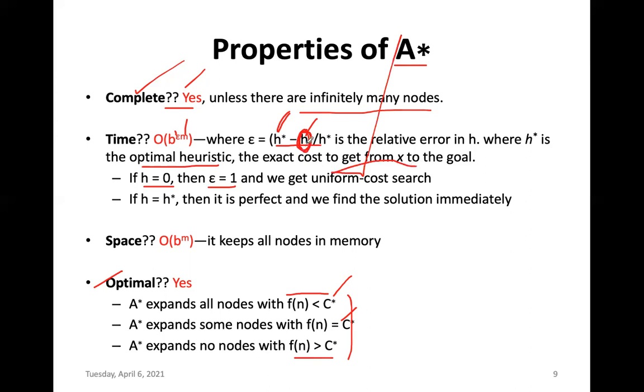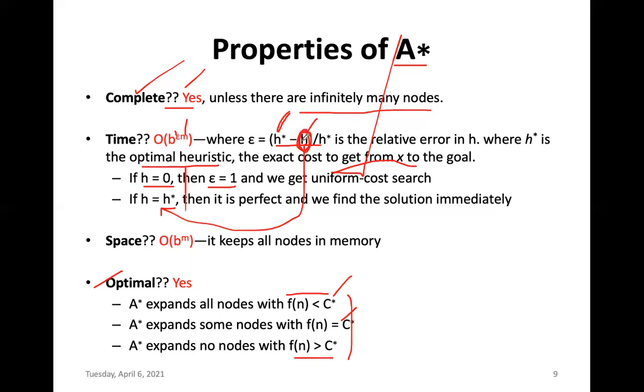But if your heuristic measure is working like an optimal heuristic measure, H is equal to H star, then it is perfect, and then you can say that your heuristic measure is really working, because now it is not equal to 0.